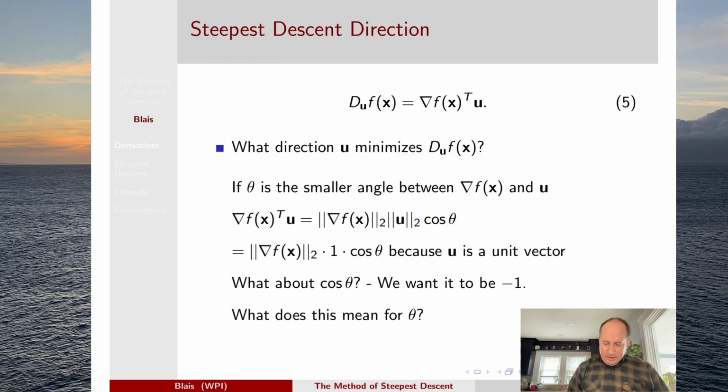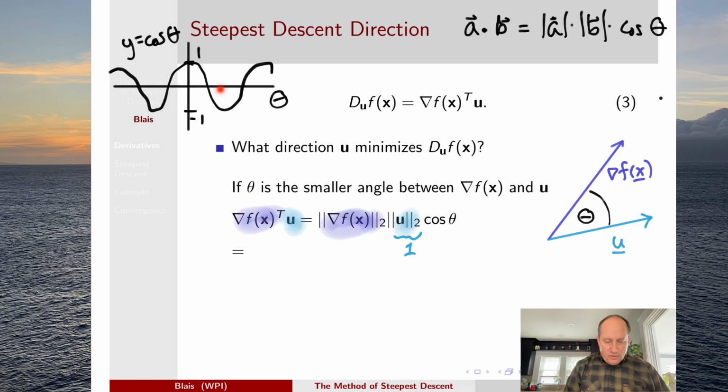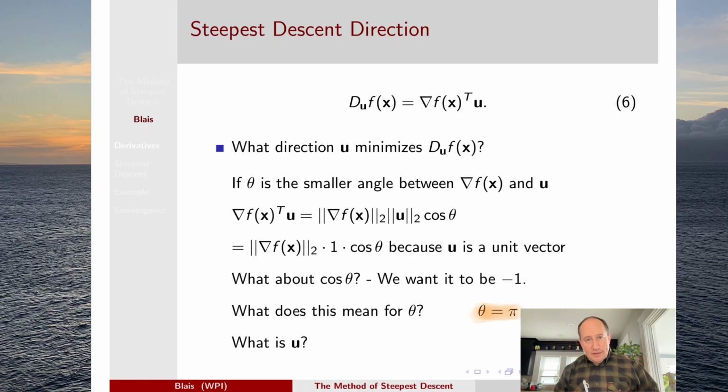What does that mean for theta, the angle between the two vectors? We'll come back here. What's the smallest positive theta that gives us cosine theta -1? This value here, and we remember that that value is in fact pi. If you like to think in degrees, that's 180 degrees.